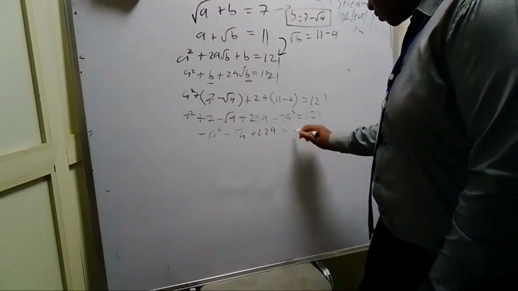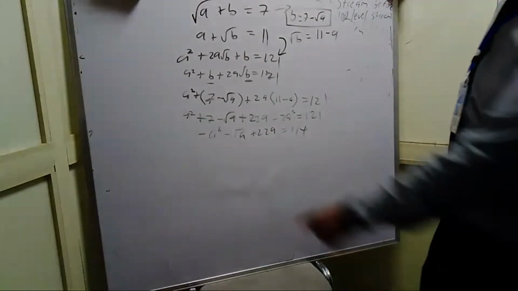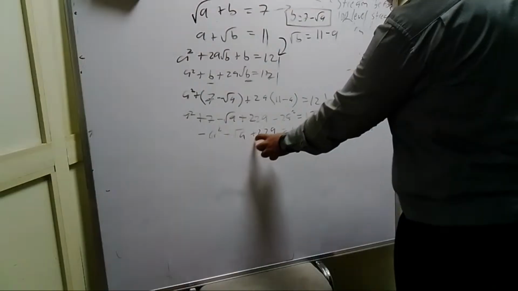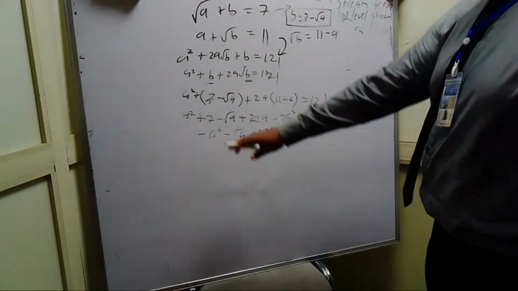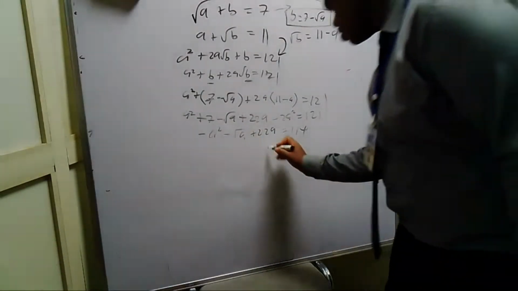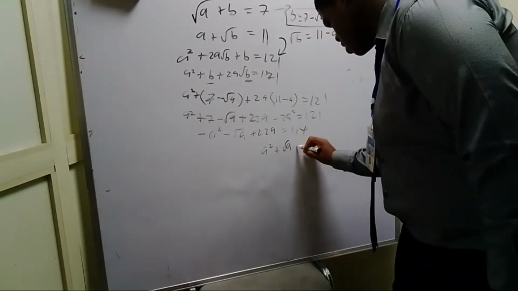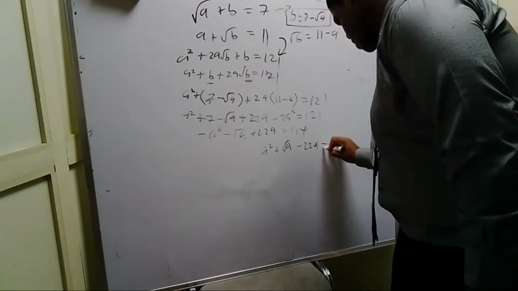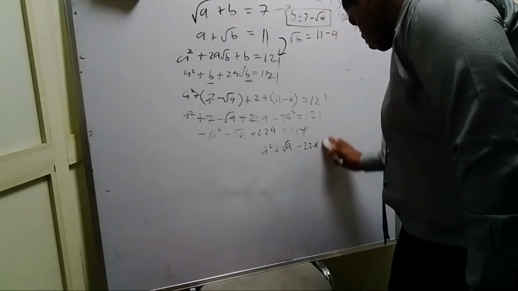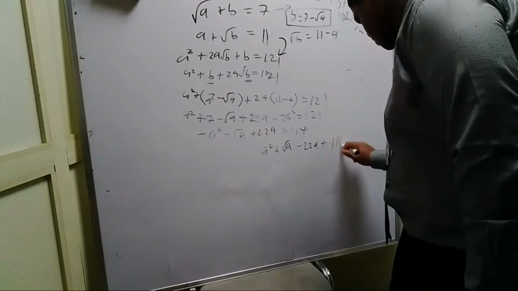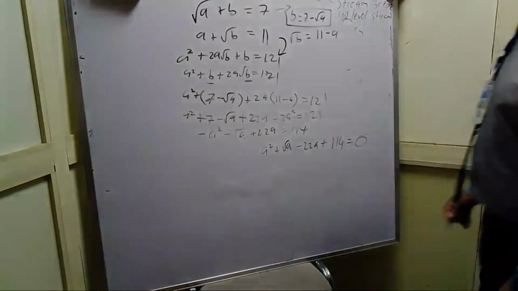Move all these to the right hand side: a squared plus root a minus 22a plus 114 is equal to 0.